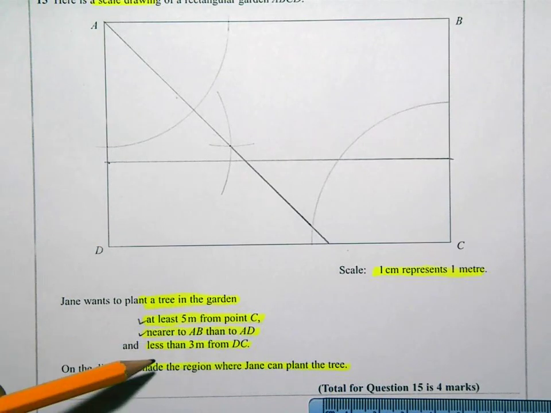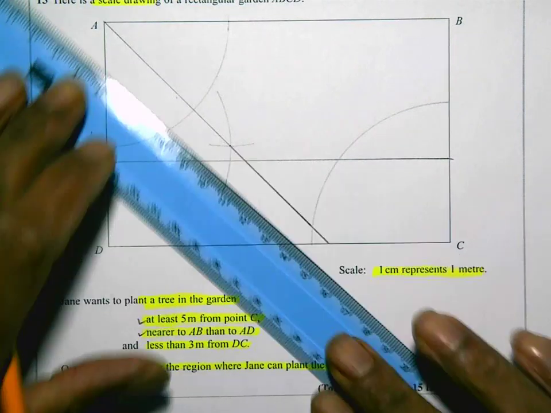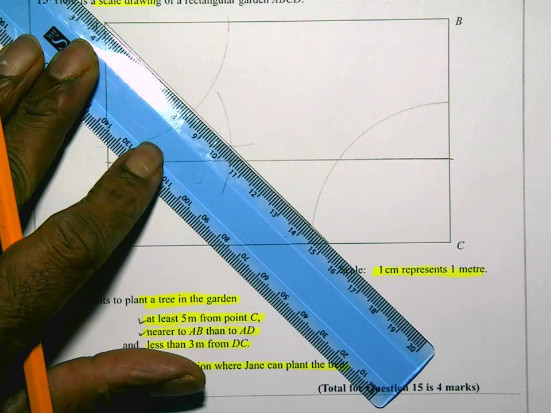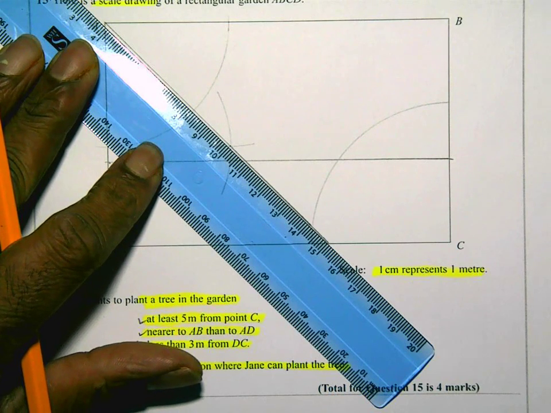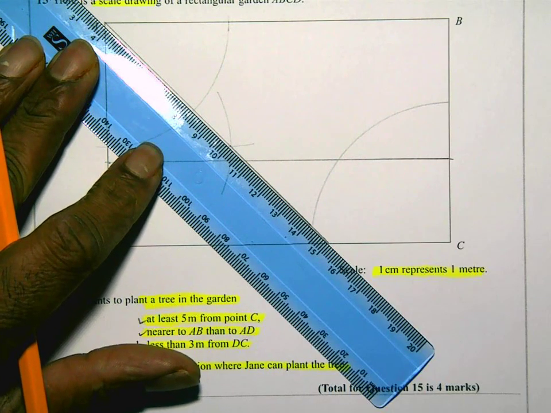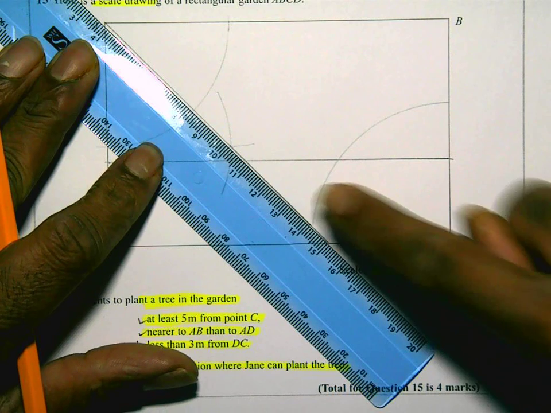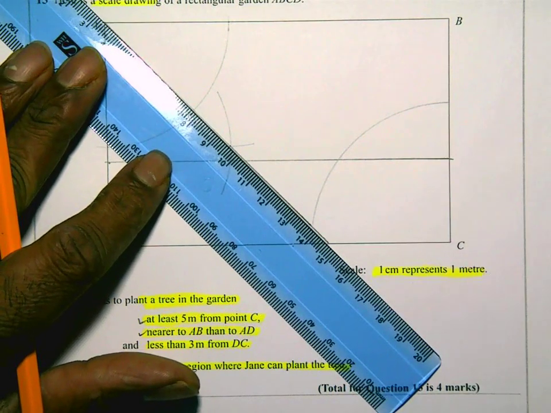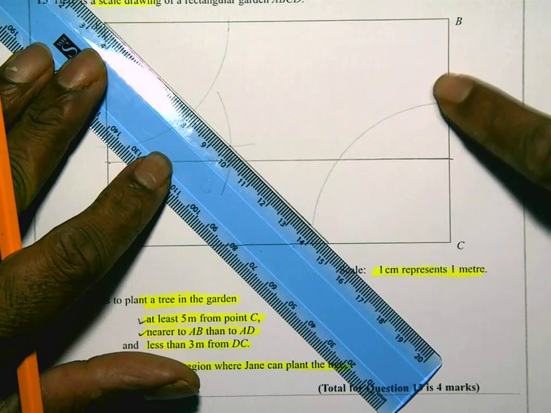If I put my ruler here, everything on the top or above my ruler is closer to AB than to AD. So the only area that I've excluded is this tiny area over here inside the quarter circle.